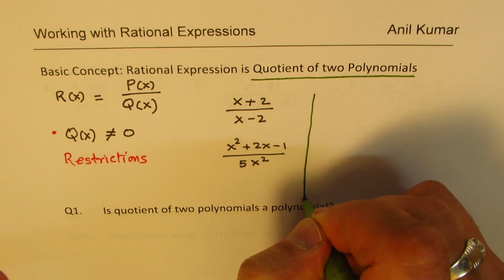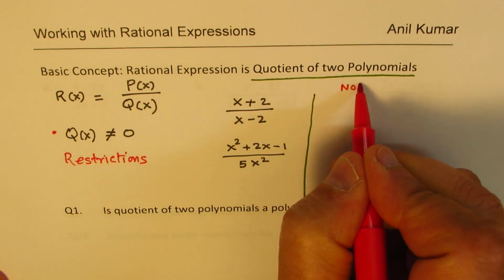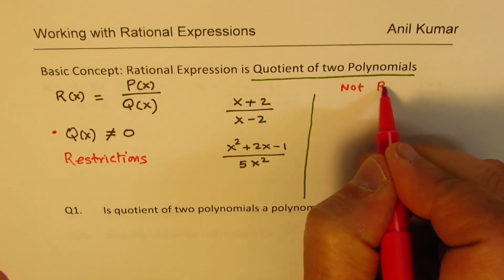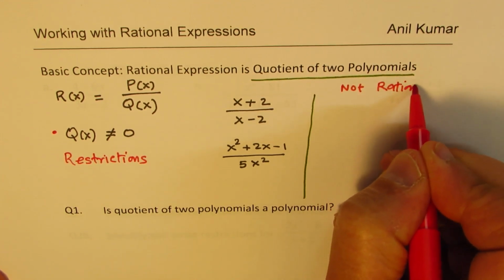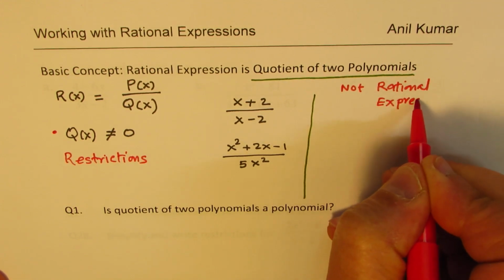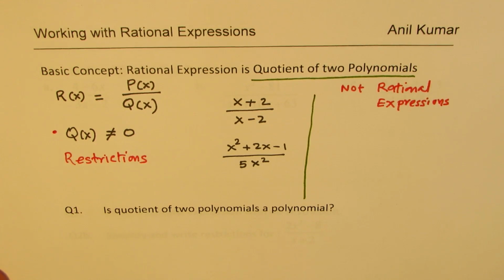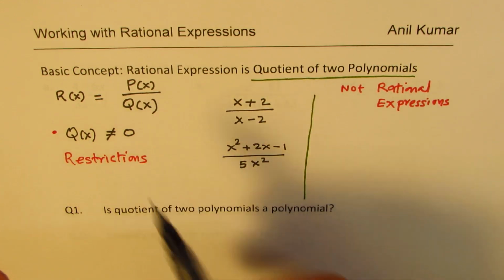Now let's talk about expressions which are not rational expressions. Can you give me some examples? So get back to polynomials. We know a rational expression is always a ratio of polynomials, right?